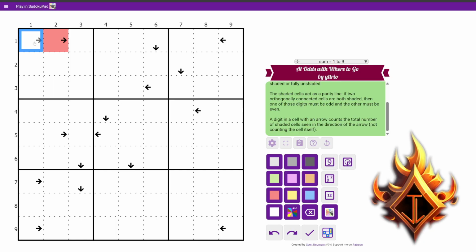Right, if this one is unshaded, that one has to be shaded. And then we get the same on these two digits. So these are both shaded, and this one is unshaded. So this one will be plus one of this one, and this one will be plus one of this one.